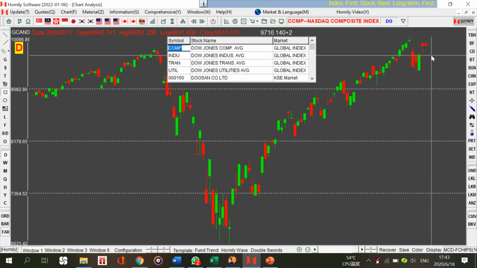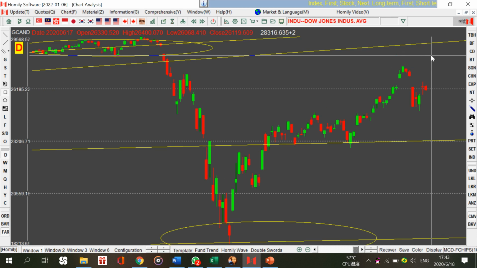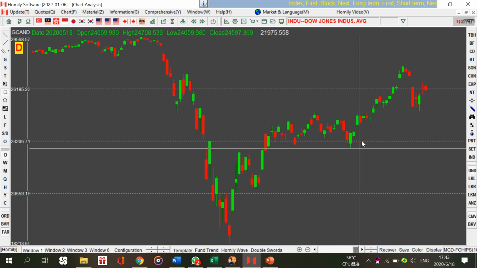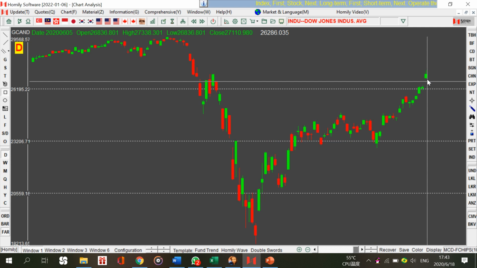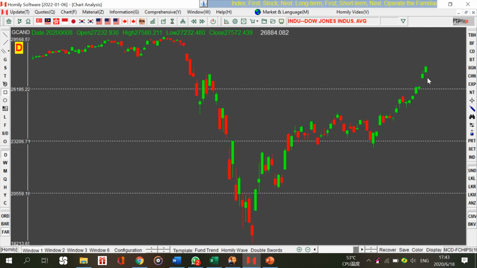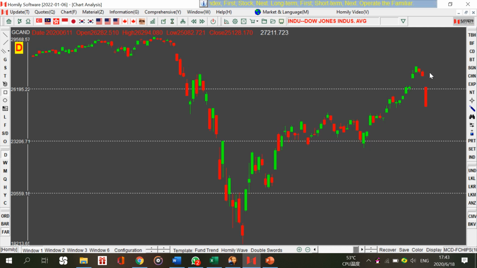And if you continue to check Dow Jones, Dow Jones is quite interesting, right? Previously here we have an upward gap, and then the price dropped to give us another downward gap, and the upward gap and the downward gap are at the same level.